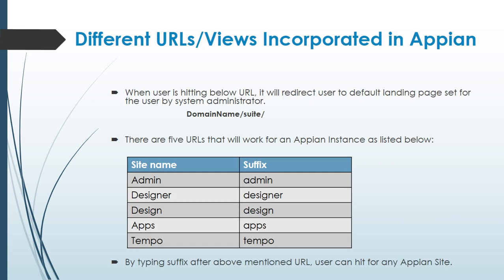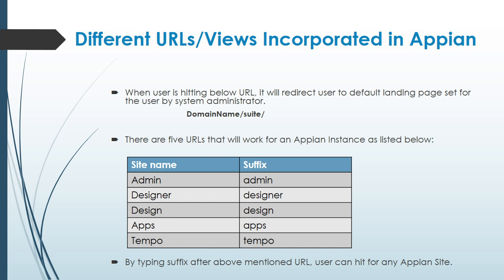So, different types of URLs or views are incorporated in Appian. When the user hits the below URLs, it will redirect the user to different landing pages set for the user by the system administrator.